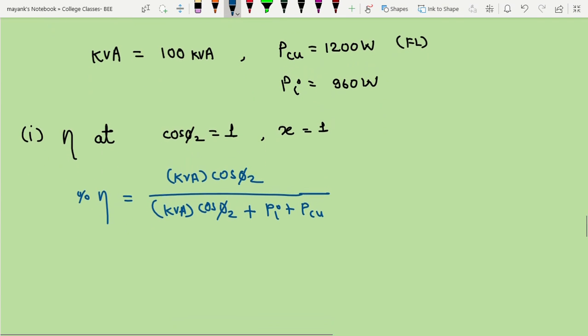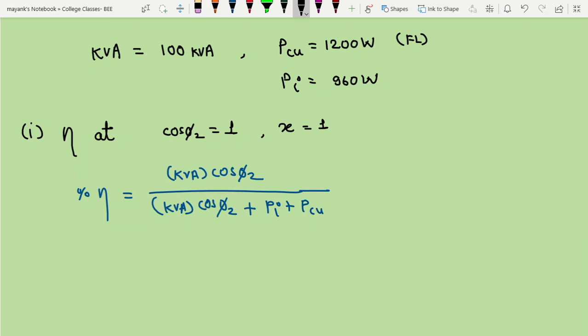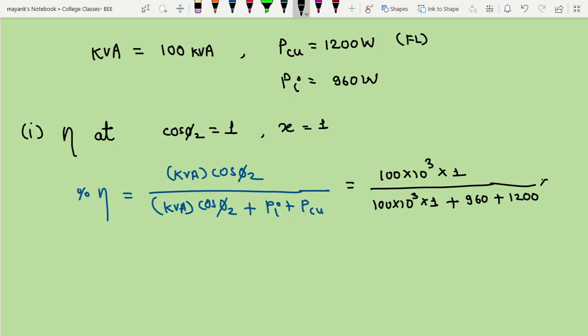So here every data is given. kVA is given 100 kVA, so 100 kVA into cos phi is 1 divided by 100 into 10 raised to the power 3, 100 kVA into power factor 1. Iron losses are 960 watt and copper losses are 1200 watt. Into 100 कर देंगे, so you will get the answer.